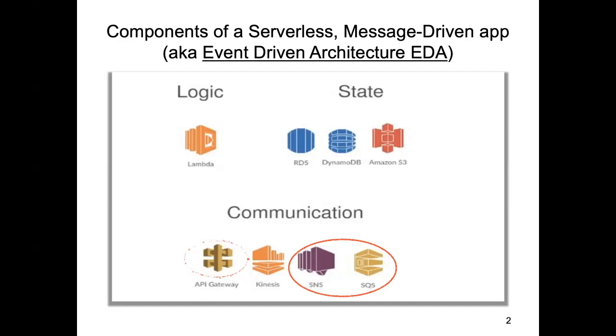SNS and SQS are also serverless, even though they certainly predate the term, because we don't have to configure any servers. There are SNS and SQS servers in the background doing all the work for us, but we don't have to worry about configuring them, starting them up, shutting them down, restarting them, any of that. The AWS platform takes care of all of that for us.